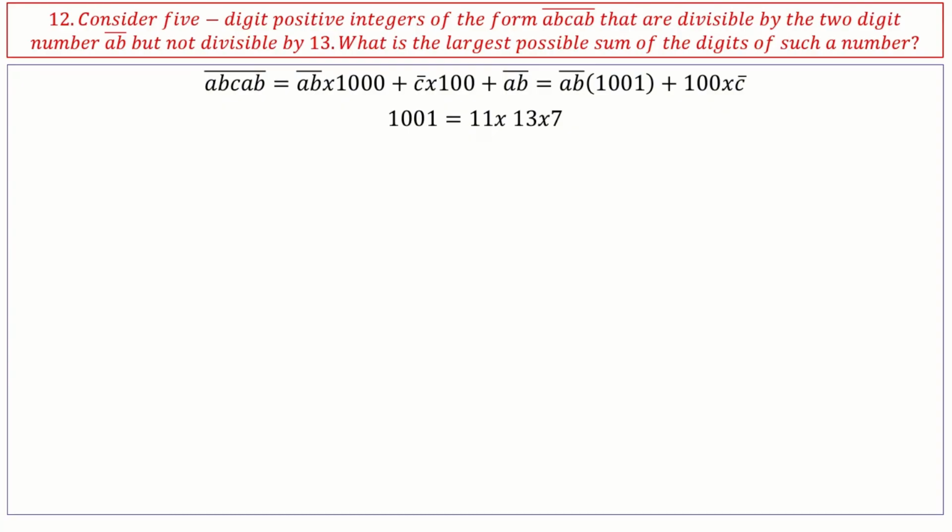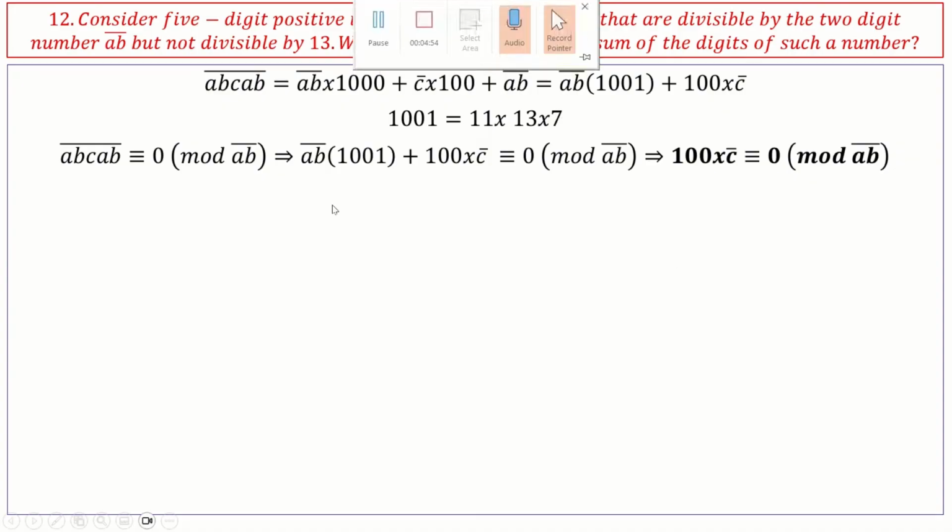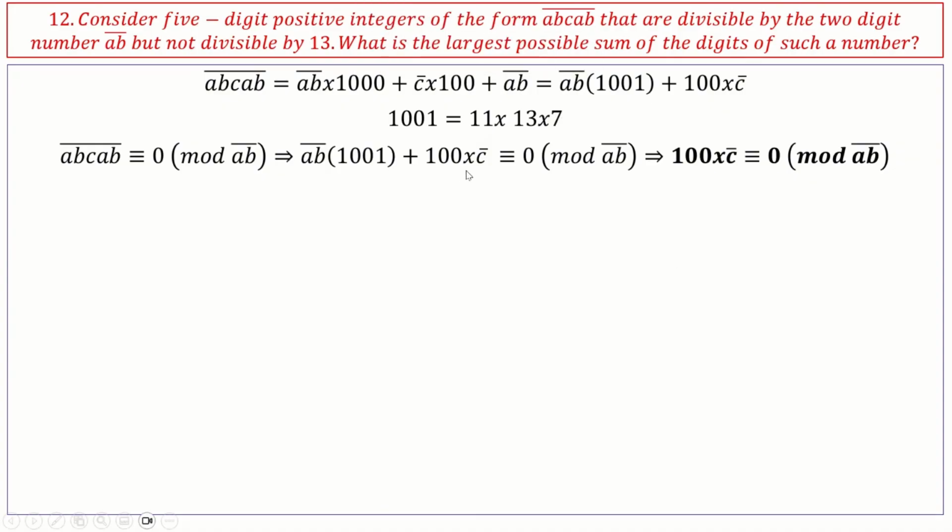Now this whole problem gets into a simple form of modulus or congruency. We can write ABCAB congruent to 0 mod AB, meaning it should be divisible by AB, which means AB times 1001 plus 100 times C should be congruent to 0 mod AB.